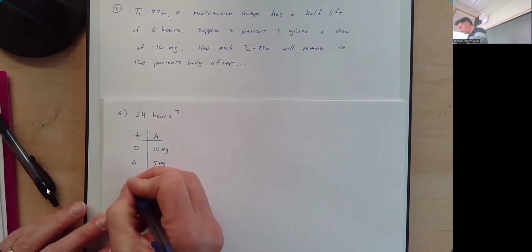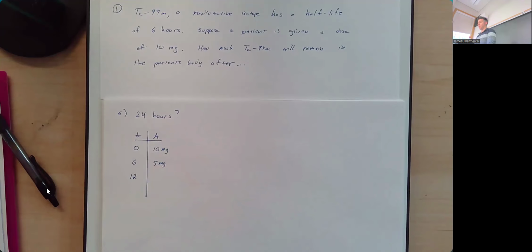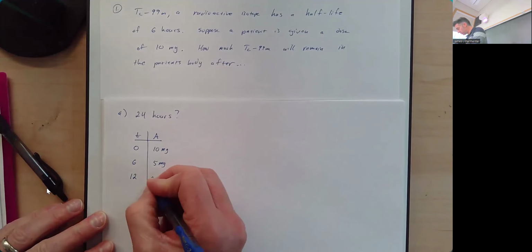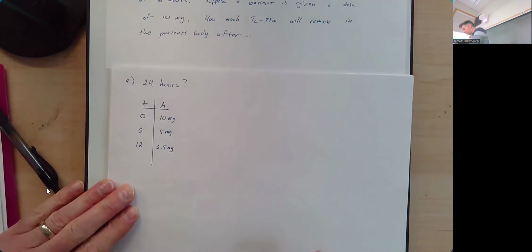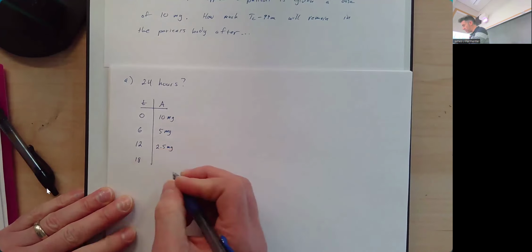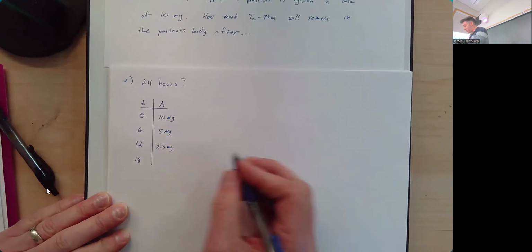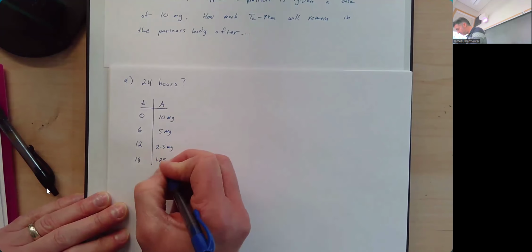After another 6 hours, so 12 hours after the initial dose, we're going to have half of what we just had, which is half of 5, which is 2.5 milligrams. After another 6 hours, so at hour 18, there's going to be half of 2.5, which is 1.25.